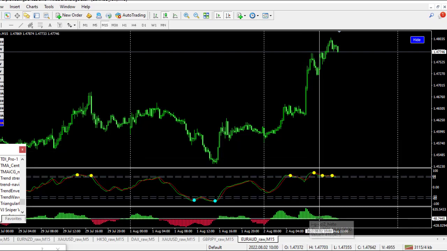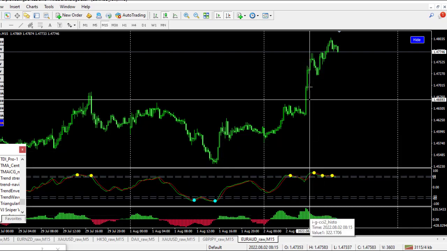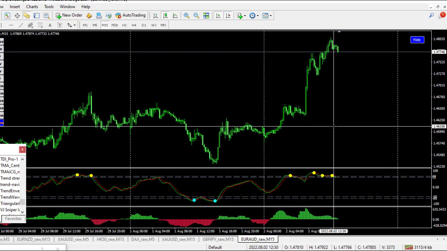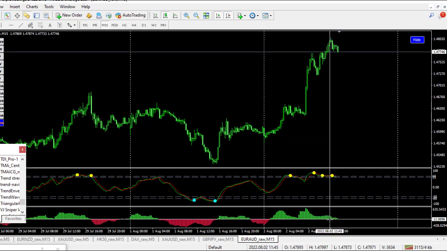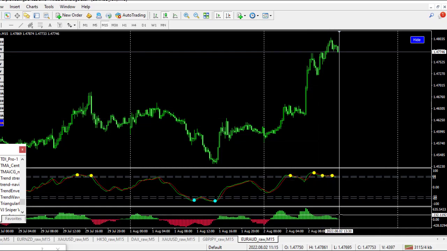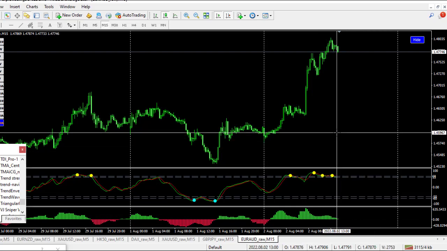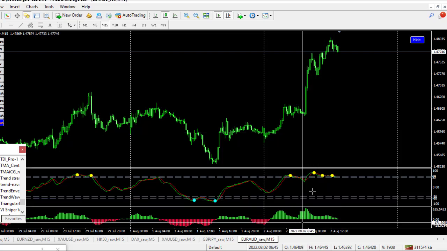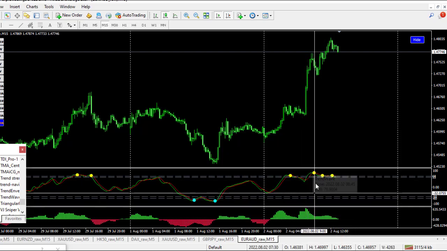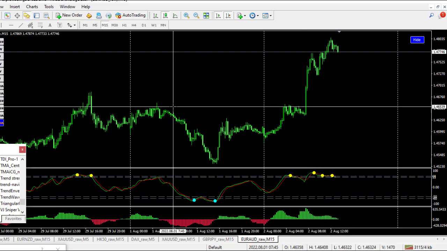At the second one, the histogram remained green, so we are not going to place a trade. And the fourth one, the histogram is yet to confirm this particular signal, so we cannot enter a sell for now. You have to wait for these two indicators to be in agreement before you place your trade.